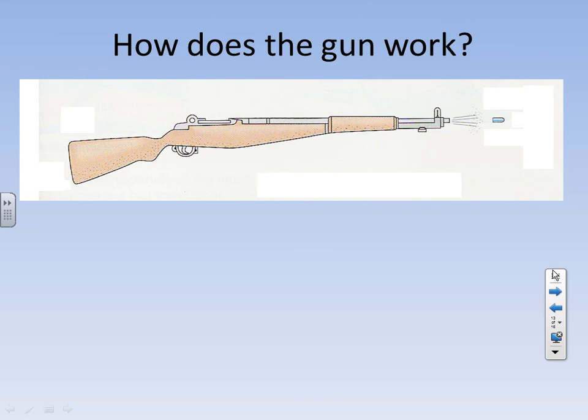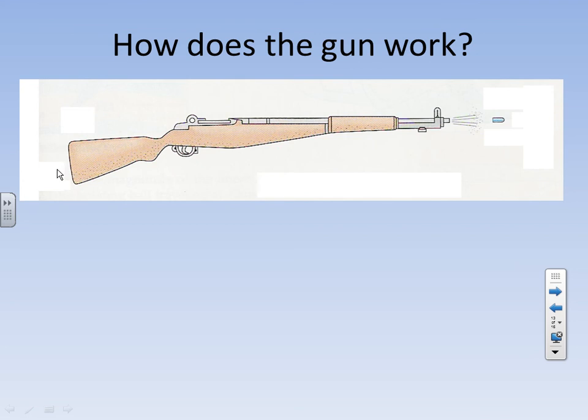Because when you pull the trigger, there's a little explosion inside the gun, and that explosion applies a force to both the bullet and the gun. In our picture, it pushes the bullet to the right and it pushes the gun to the left.